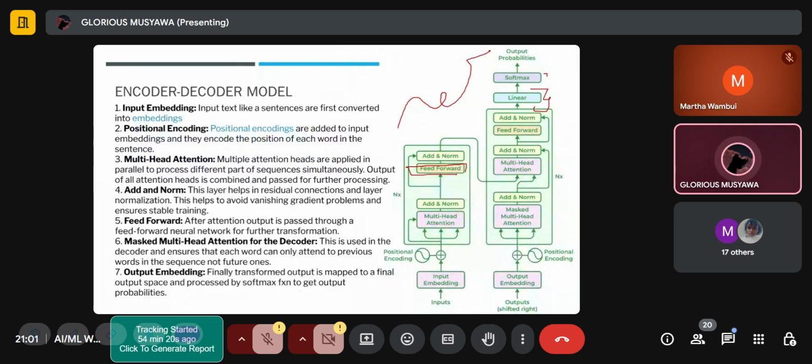So we said that recurrent neural networks experienced the problem of vanishing gradient. It's where there's too much information, we have too many layers.